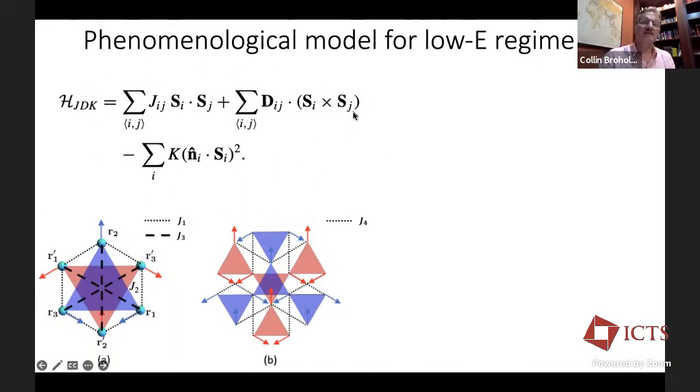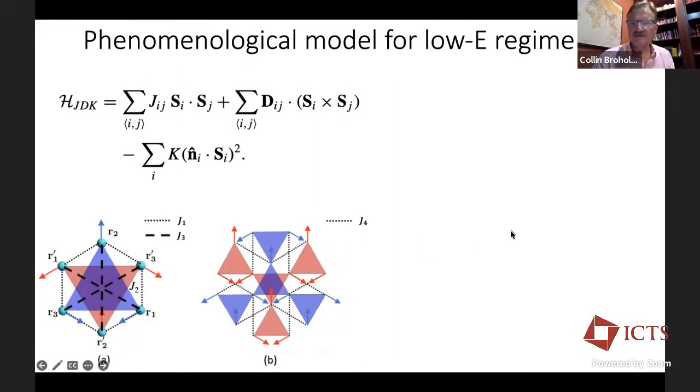This is written down here with the relevant terms, and I've indicated the relevant interactions. I just want to point out that the main interactions turn out to be the in-plane antiferromagnetic interaction within the Kagome lattice and the interplane ferromagnetic interaction between different layers.